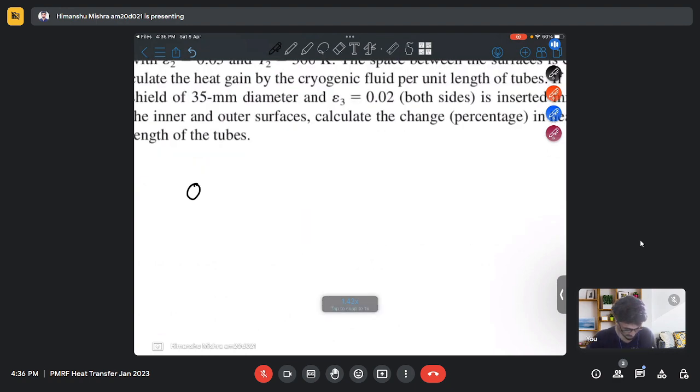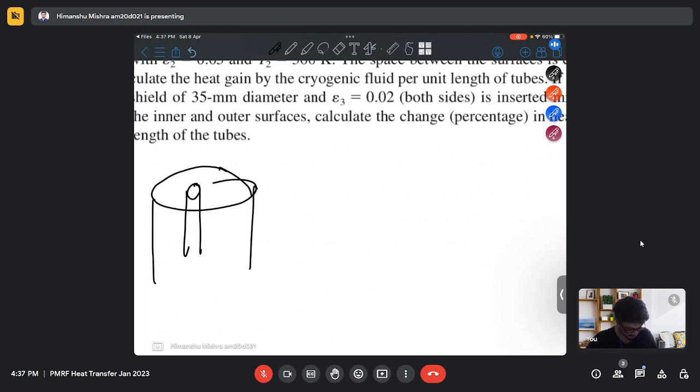So we have a tube here and there is the outer tube. We need to find the heat transfer between these two surfaces, and also when we add a shield surface between them. So we need to find the heat transfer for these two cases, with or without the shield.